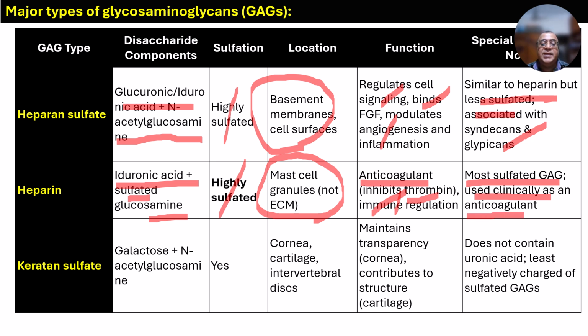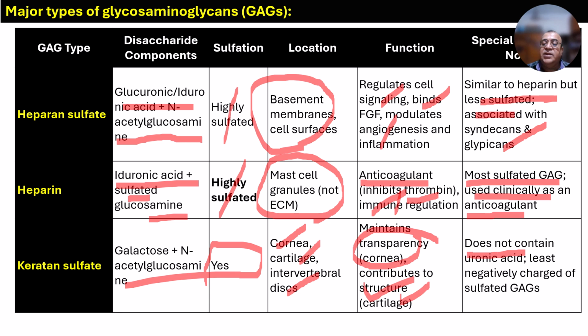Keratan sulfate contains galactose and N-acetyl glucosamine. This is also sulfated and present in cornea, cartilage, and intervertebral disc, maintains transparency of the cornea, and contributes to the structure, especially in the cartilage.